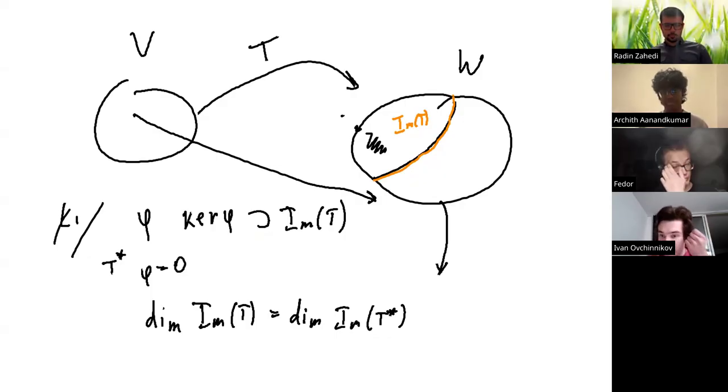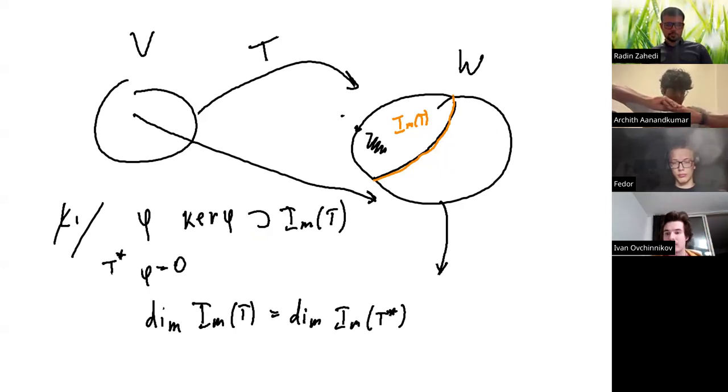And from this, we can conclude that the row rank is equal to the column rank, right? Because we realized that in a very special kind of basis, the matrix for T and the matrix for T star in a closely associated basis are just transposes of each other.